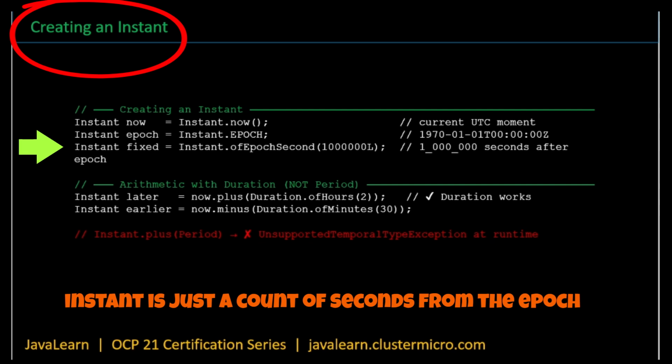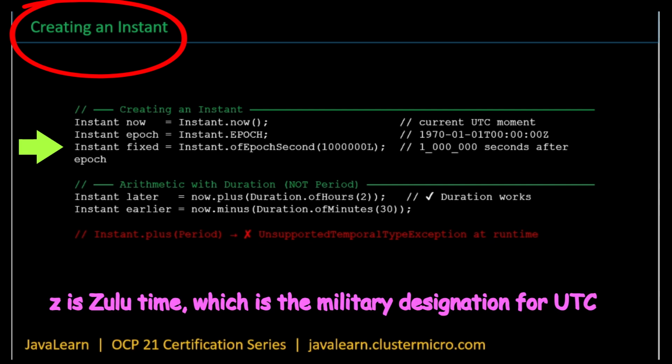When you print this Instant, you'll see something like 2025-03-25T10:30:15.123456789Z. The Z at the end is critical. It stands for Zulu time, which is the military designation for UTC. Anytime you see a Z at the end of a timestamp, it means UTC, no offset, no daylight saving. This is what you use in applications when you need to record exactly when something happened.